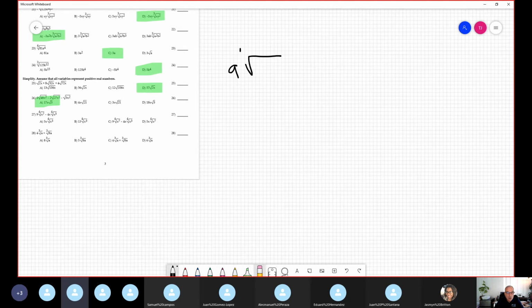4th root of x to the 7th power minus 4x square root of 4x to the 3rd power. Well, in the first expression, I can simplify it because 7 is greater than 4.